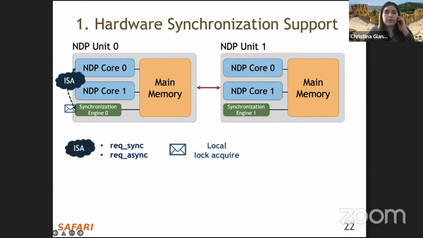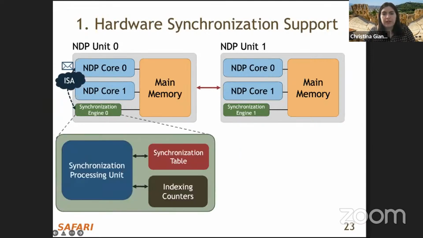NDP cores communicate their requests using 2 new ISA instructions, the RecSync and RecAsync, which are used to assemble a message that is sent from an NDP core to the synchronization engine through the network and communicates necessary information from the software to the hardware.